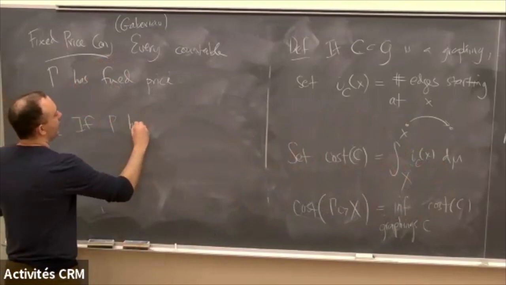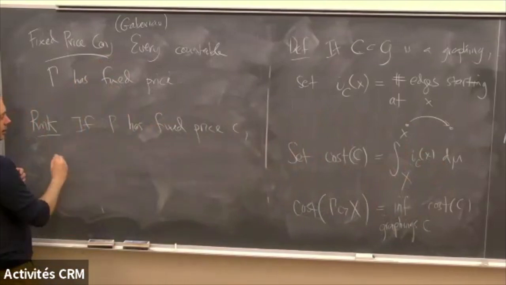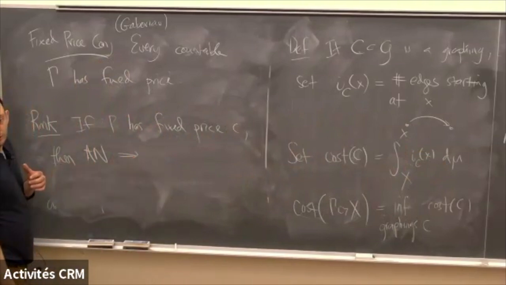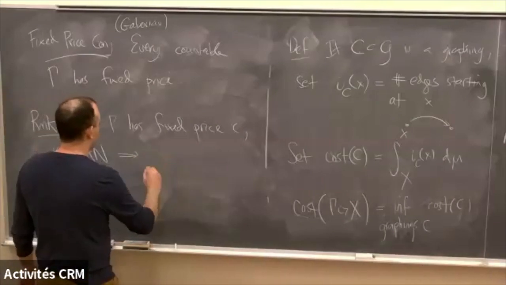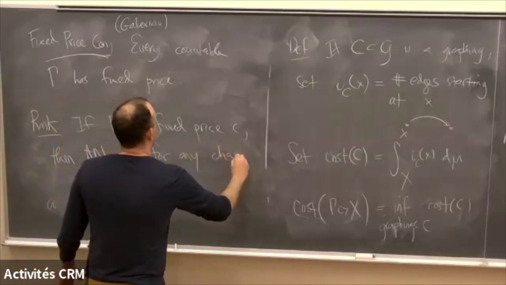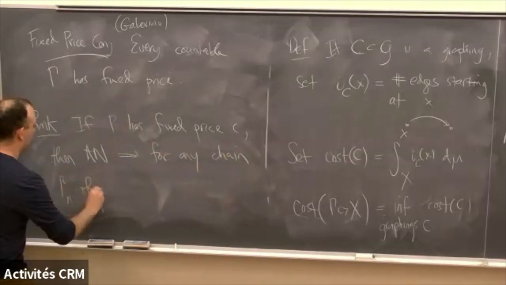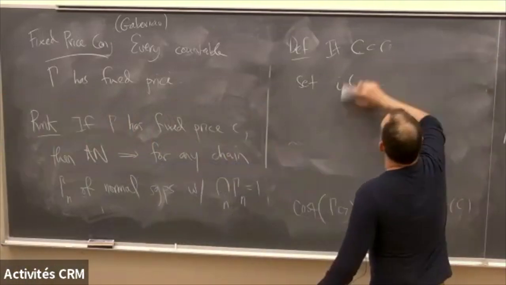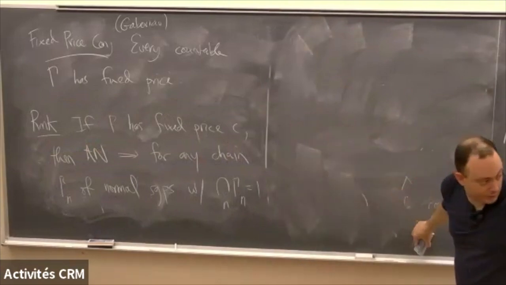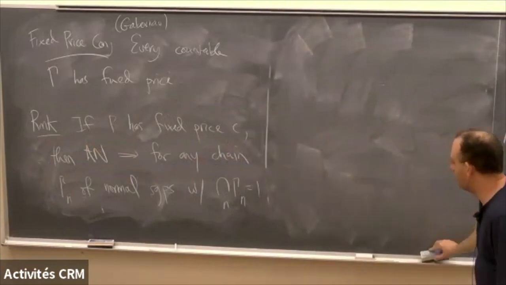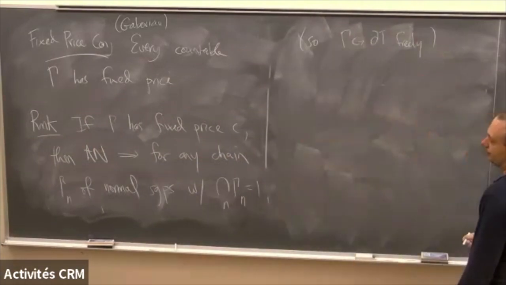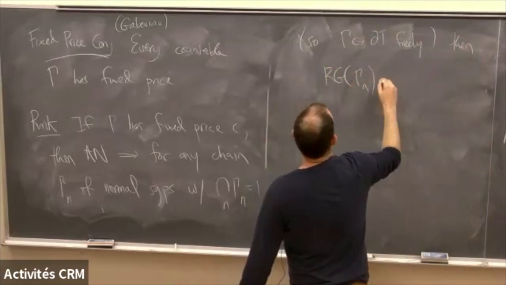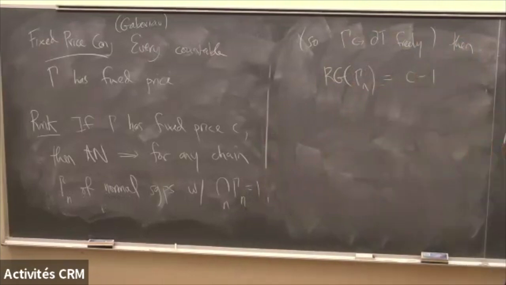if gamma has fixed price, then the Abert and Nikolov theorem implies that for any chain gamma_n of normal subgroups with trivial intersection, so that, as Uri was saying, the action on the boundary is free, the rank gradient is always C minus 1.